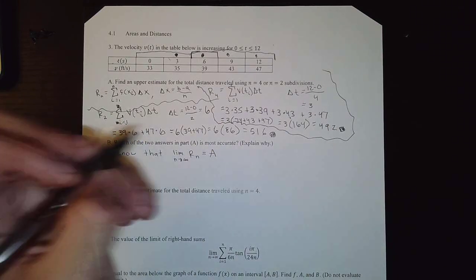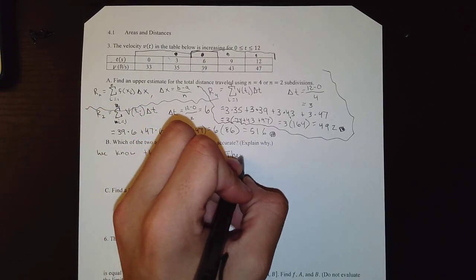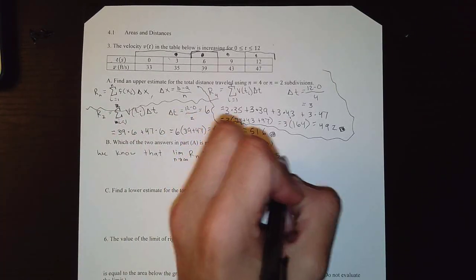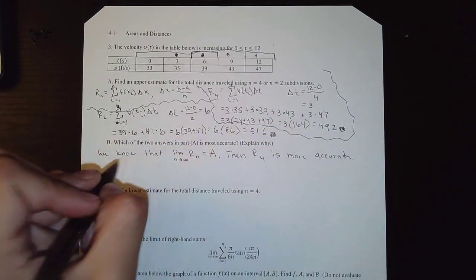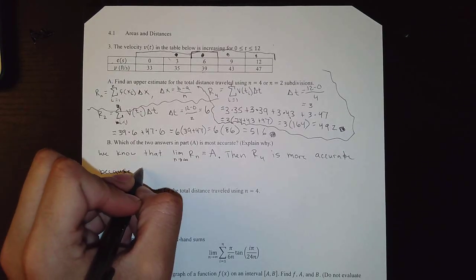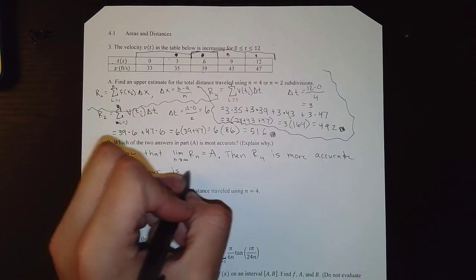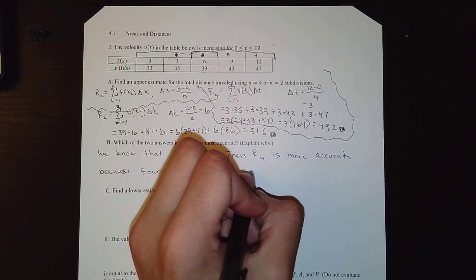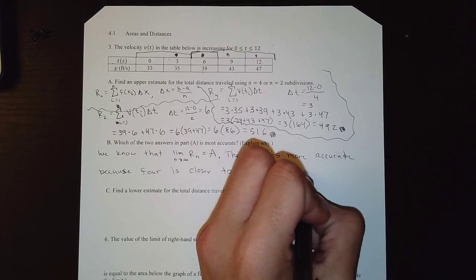Well, then r sub 4 is more accurate because 4 is closer to infinity than 2.